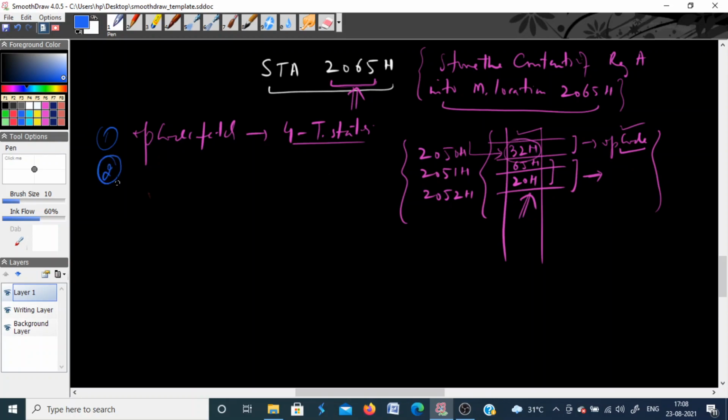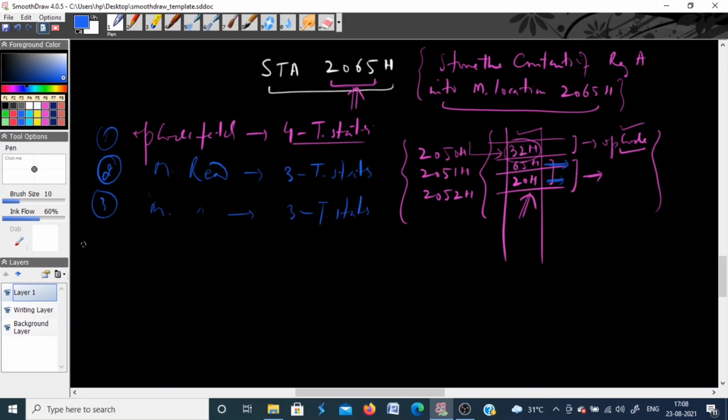The second operation will be memory read, because you have to read this 65H from the memory, and it requires 3 T states. The third will again be memory read, because you have to read 2 bytes. Of course these 2 bytes are address, not data, but you need 2 memory read cycles. So it again requires 3 T states.